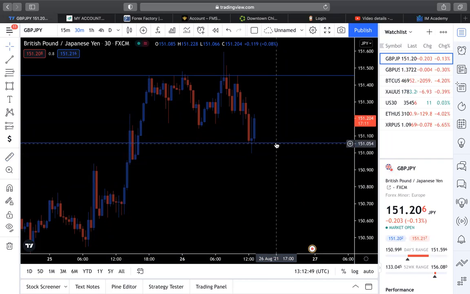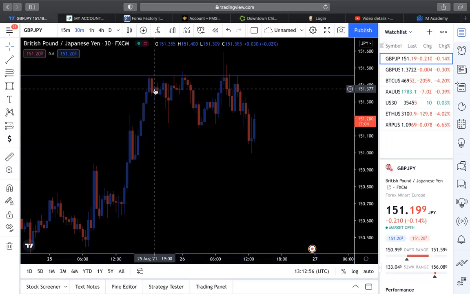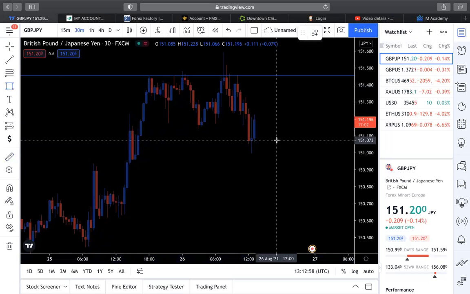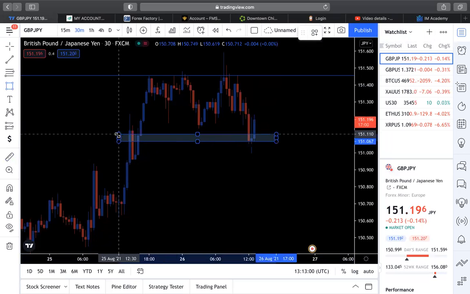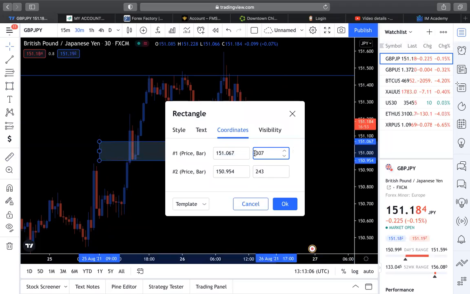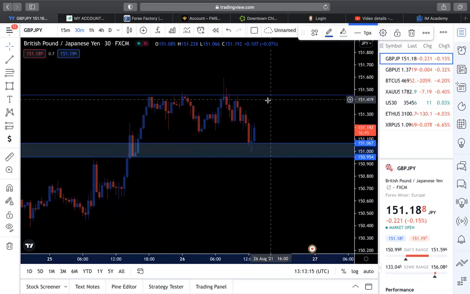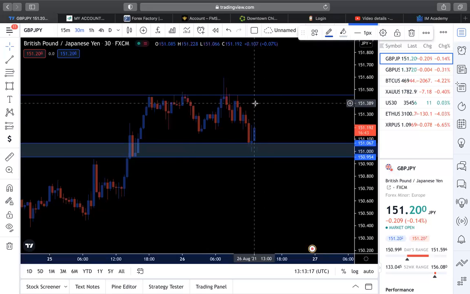All right. For this one, I'm just gonna create a wide support because there's a support level right here, and then there's also a little support level right here too. So I'm gonna make this one wide. Now I'm going to figure out where I would want to get in and get out. Above this resistance is super easy.